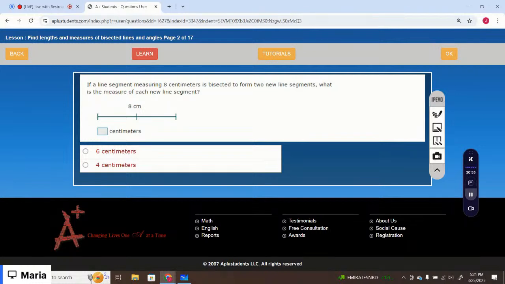If a line segment measuring 8 centimeters is bisected to form two new line segments, what is the measure of each new segment? So which is the correct option?